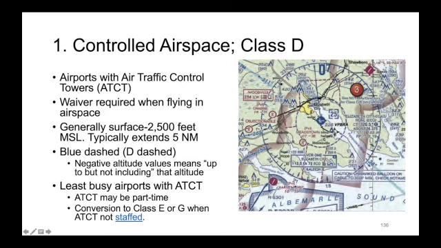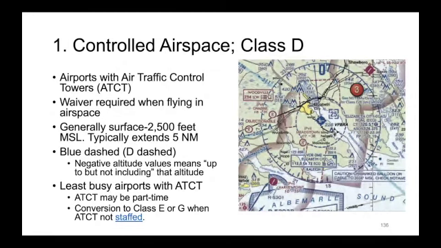This outer ring here that you see, that's a compass rose. Has nothing to do with airspace. The center, this blue dash, is Class D Delta airspace. This is Elizabeth City. The bracket tells you from 2,500 down to the surface. Now, if it's a negative number, if it says a negative 25, then it's from the surface up to 2,499.